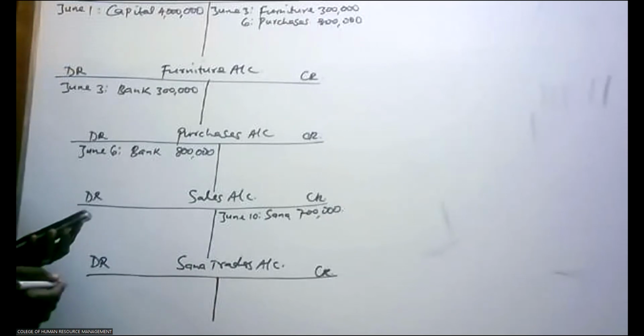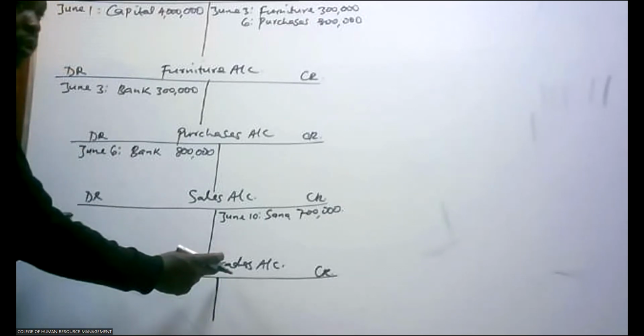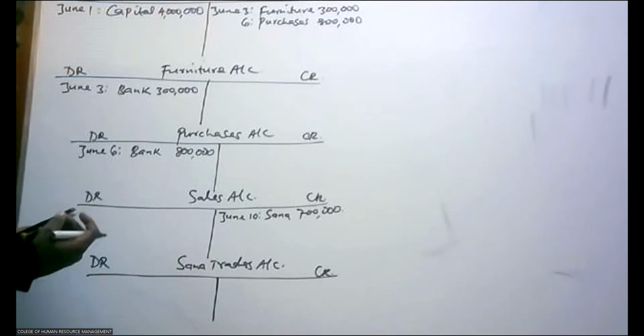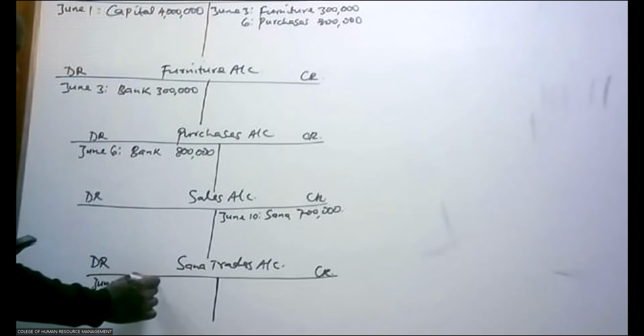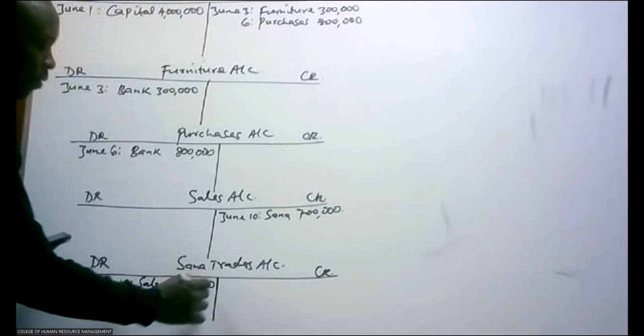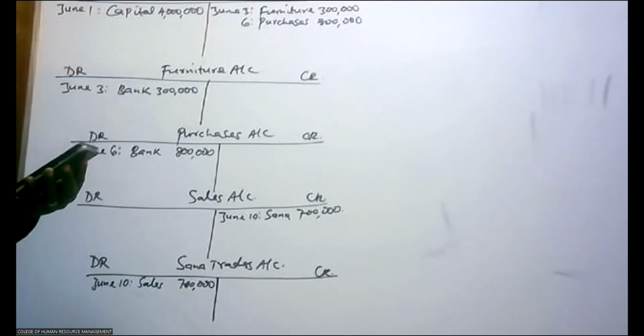This is an asset. The reason why it is an asset is that this money that this person has is ours. And anything that is ours is an asset. So we shall come here and record it happened on June 10 as a result of what? Credit sales, 700,000. We debit the debtor.